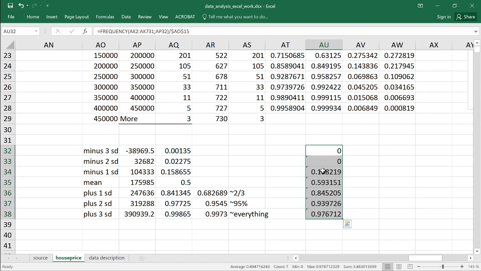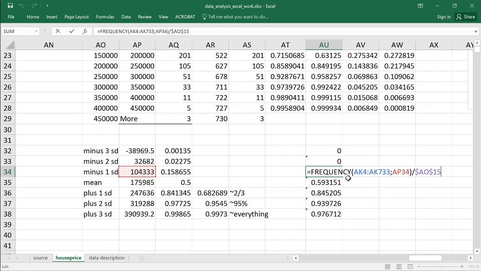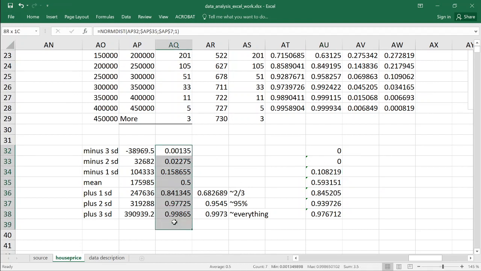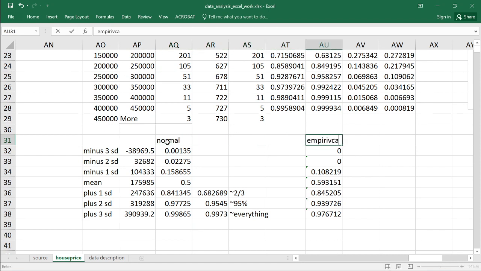Now if I compute all those percentages, for instance this one gives us a 10 or 11% probability or chance of values in that data set that are below 100,004, which was the mean minus 1 standard deviation. And a comparison of these probabilities with the normal probabilities, so let's call these normal and these empirical again, but this time we are comparing on the basis of the boundaries that are given by the 3 rules of thumb.